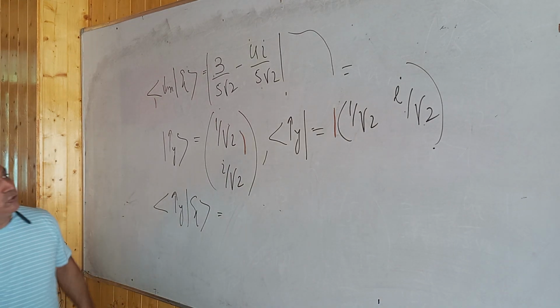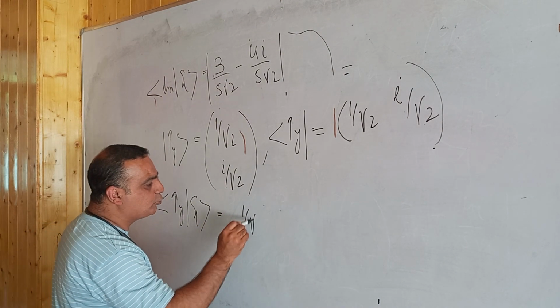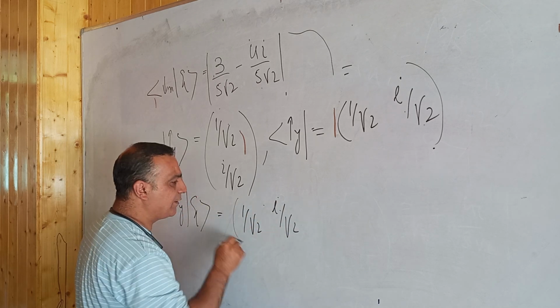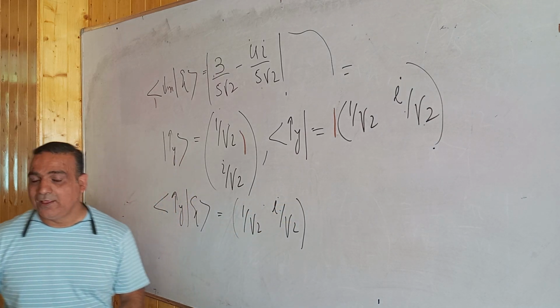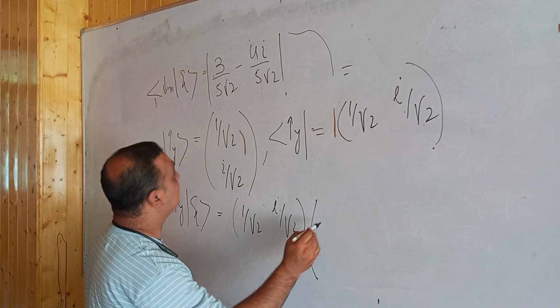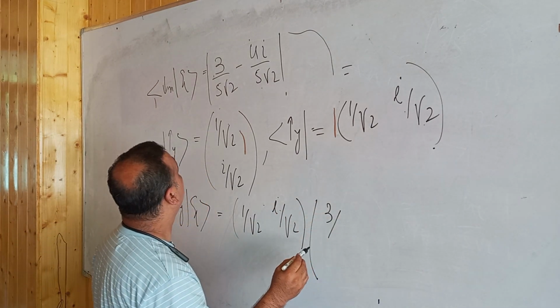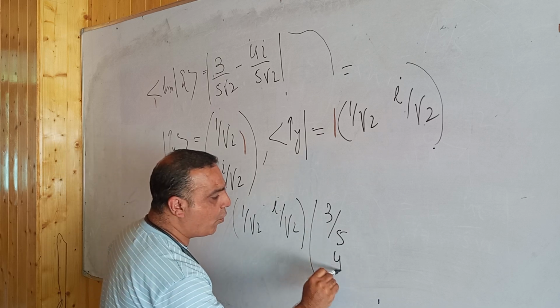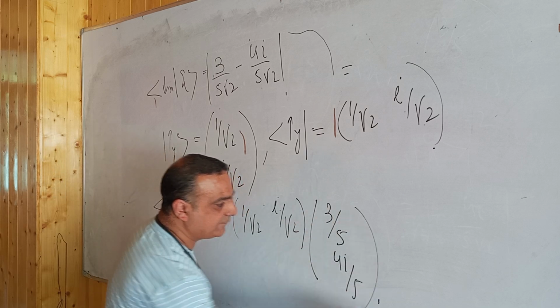So this thing is known to us. This is 1 by root 2, then you have i by root 2, and then you have the column vector for this zeta. That is 3 by 5 and 4 iota by 5, isn't it?